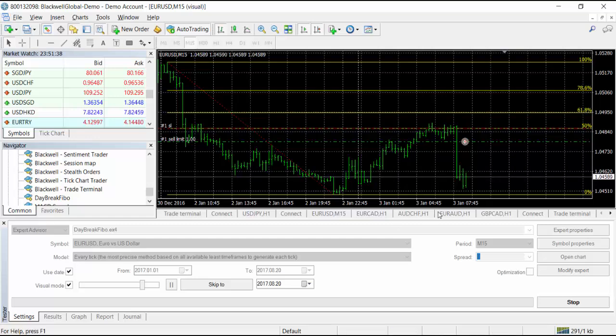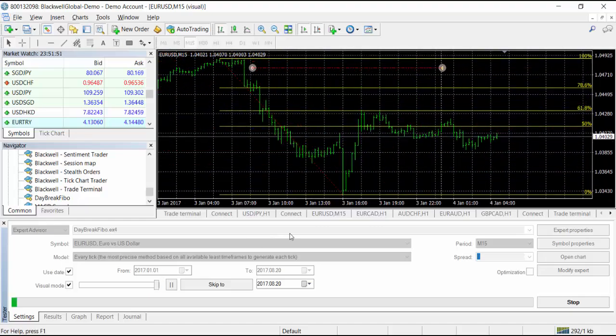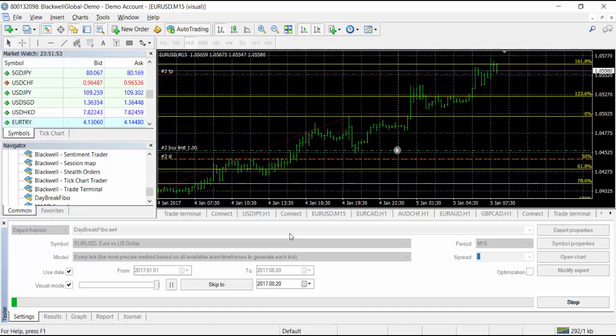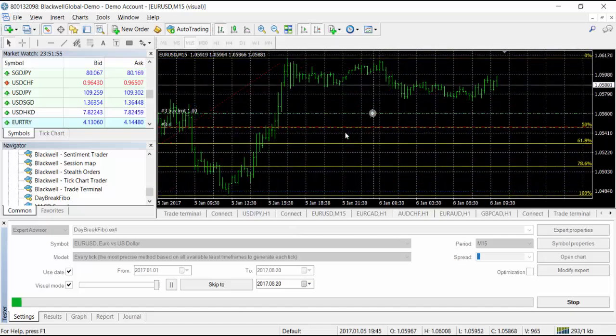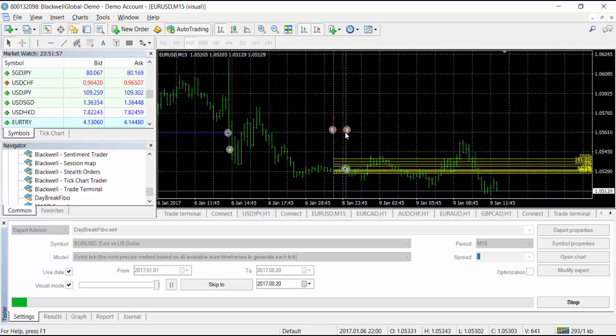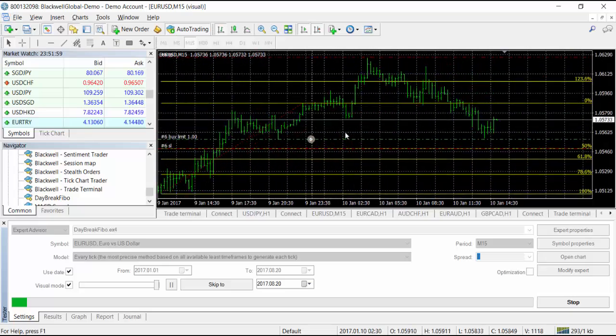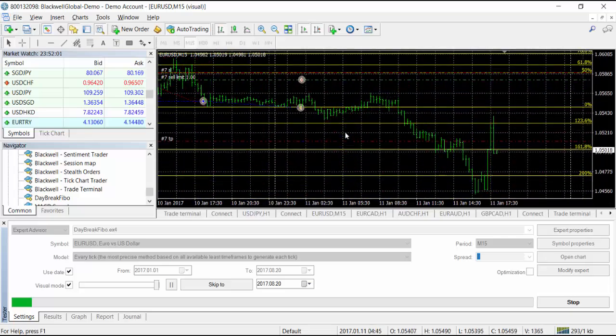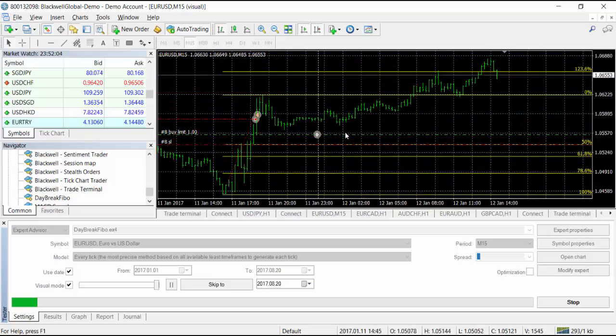So that's how this is working. That's the beauty of technology: you can just accelerate it and do it really, really quickly. So when I move this up to full speed, you can see this thing is going through every single day, looking at the previous day's Fibonacci, and it's getting triggered, shorts, longs, who knows what.